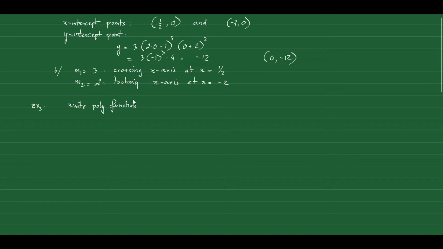Write a polynomial function which has zeros 2 and -3 at multiplicity 1 and 2, respectively, and goes through the point.